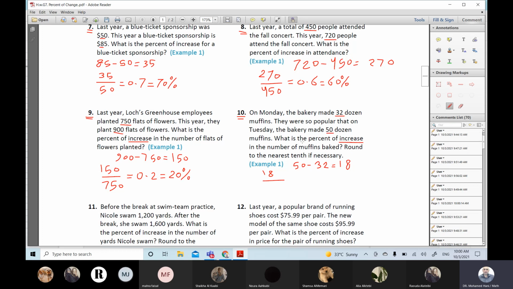Who can tell me the whole number will be 32 or 50? 32. Great, will be 32. Now we can divide 18 divided by 32. The answer will be about 0.56. So as a percent, we have 56%.